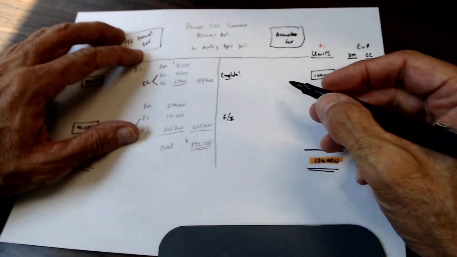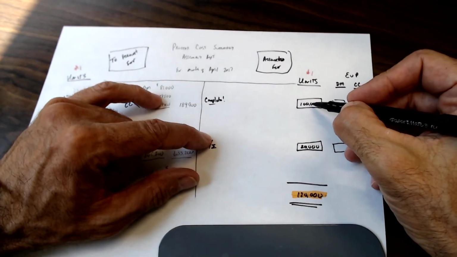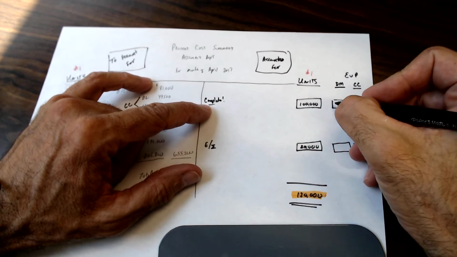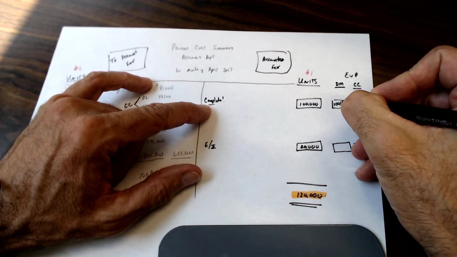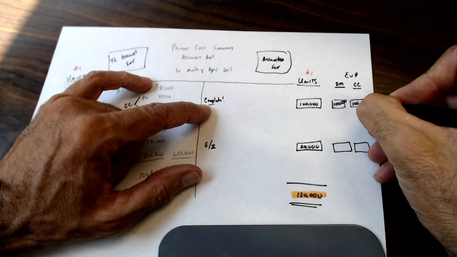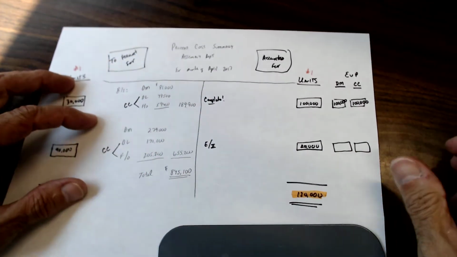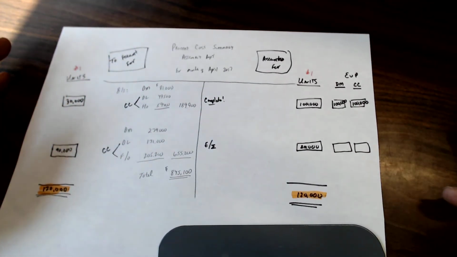Well, obviously, units that are complete, these are done and gone, so they do represent 100,000 units with regard to materials and 100,000 with regard to conversion costs. Not only do they represent them, they are them.